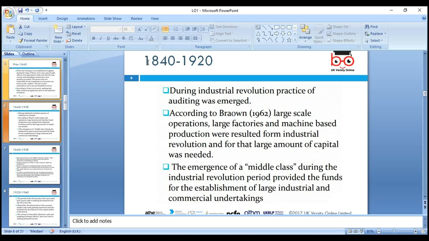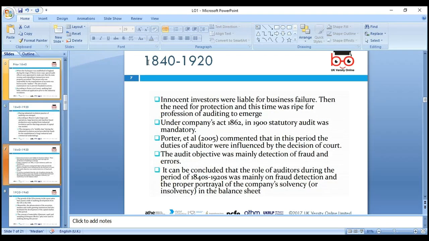So the middle class during the industrial revolution period provided the funds for the establishment of large industrial and commercial undertakings. With the passage of time, if you read the full history thoroughly, you will find that whenever industries or frauds keep changing, things carry on changing. Like nowadays, you may have heard about Enron. Has anybody heard about Enron?